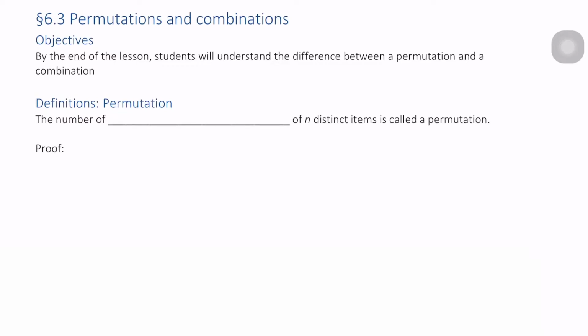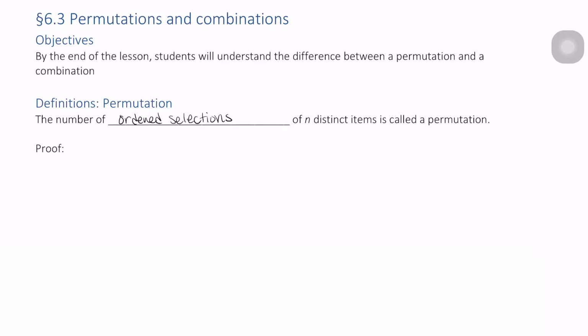First, let's begin with the definition of a permutation. The number of ordered arrangements, that is, the number of ordered selections, of n distinct items is called a permutation. And we were using this without quite defining it yet in a previous video. Now let's prove this.